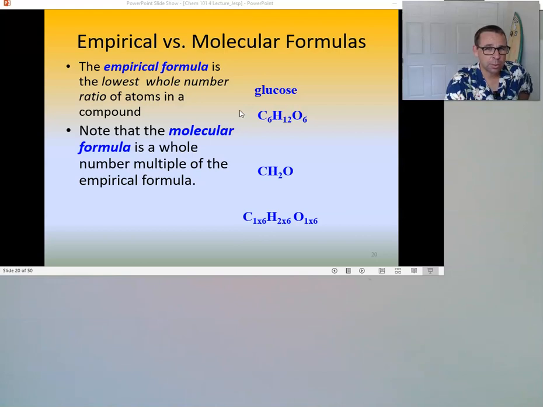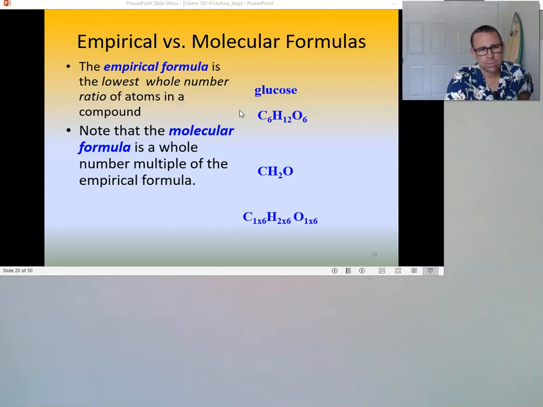So the molecular formula for a compound is called the molecular formula because it is the formula for the molecule, and oftentimes the molecular formula can be simplified into what we call the empirical formula.